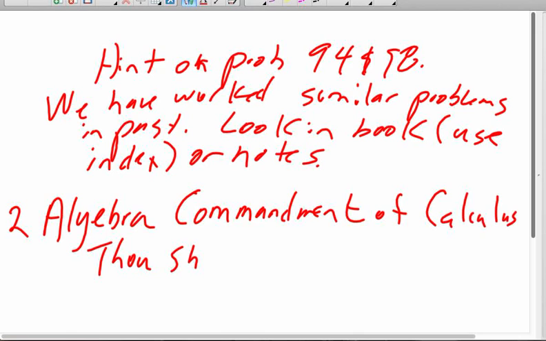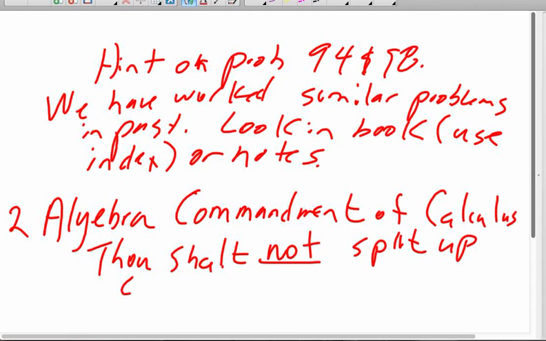Thou shalt not split up denominators. Don't do it. Thou shalt not. That's a commandment. Okay, so this should get you started on the very first one.